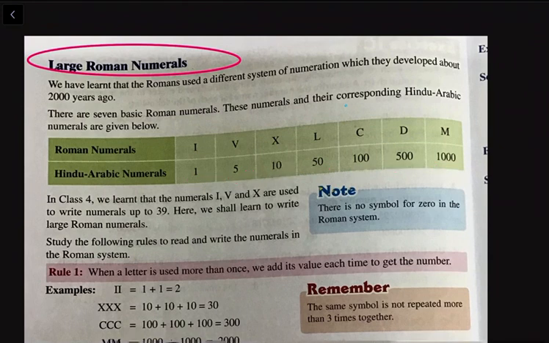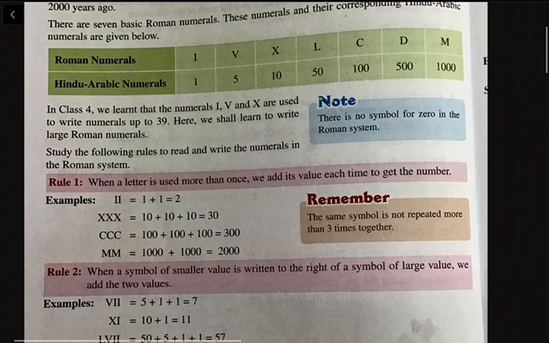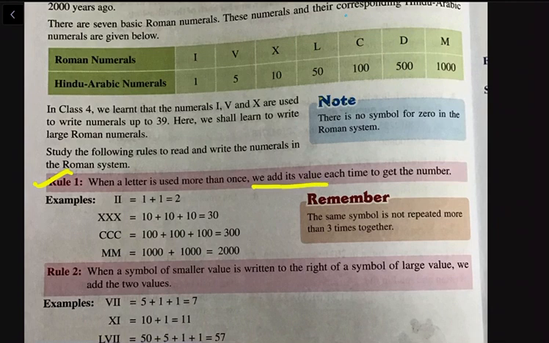So we will write some Hindu Arabic numerals in Roman numerals, but there are some basic rules for how we write. Rule number 1. When a letter is used more than once, we add its value each time to get the number.